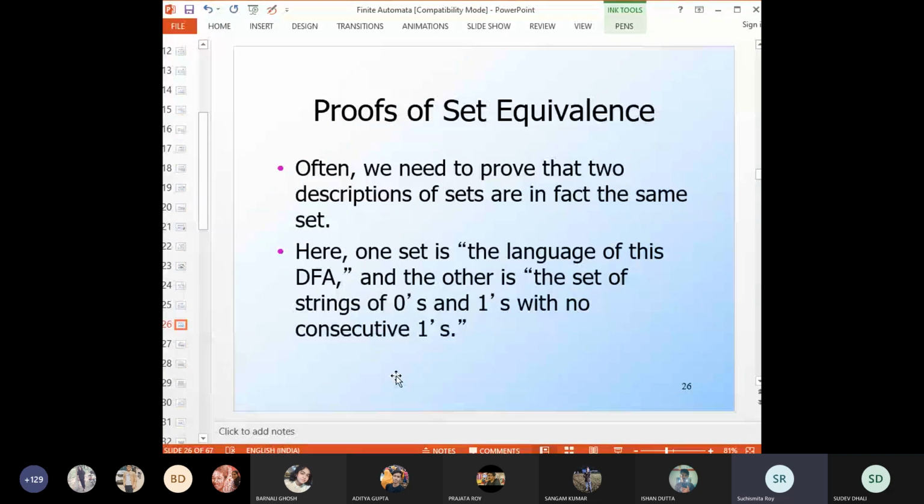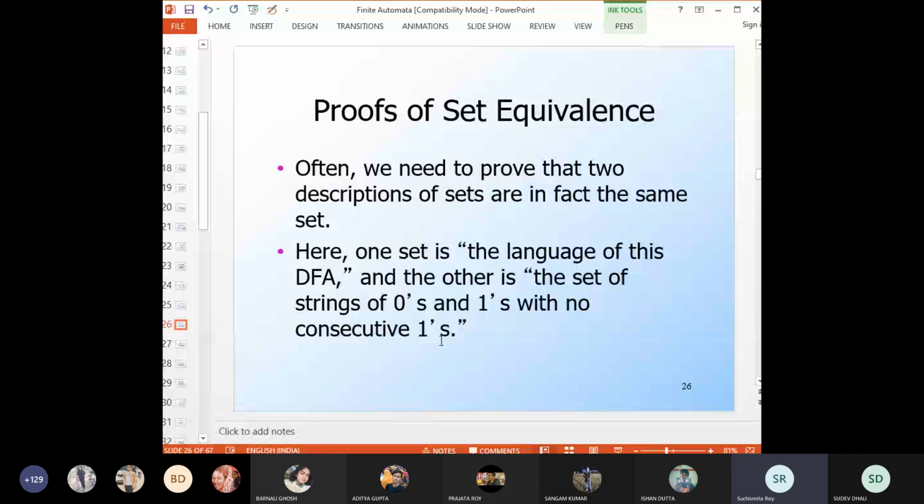What it means is that we are talking about two things. One is the language of the finite automata, and the other is the set of strings of zeros and ones, say with no consecutive ones. We have defined some finite automata where you do not have two consecutive ones.